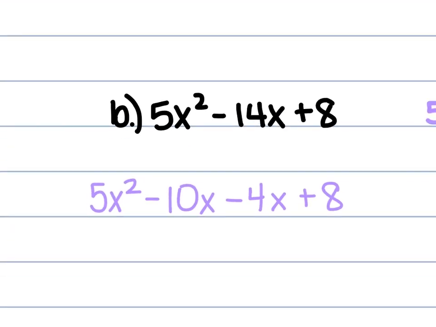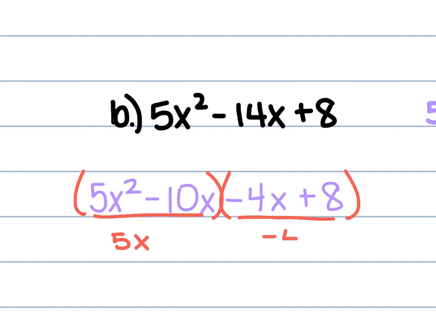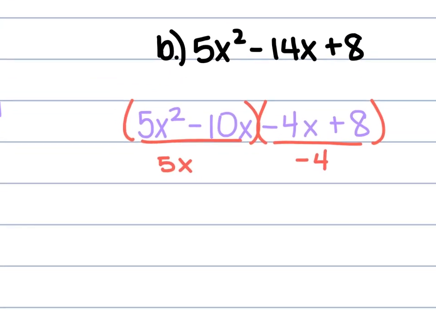So I'm going to factor by grouping now. The 5x squared minus 10x shares a 5x, and that negative 4x and that 8 share a negative 4. Look at the 5x squared, look at the negative 4. You always want those first two terms in the set of parentheses to have the same sign. If they don't, you have to factor out a negative with whatever you're factoring out.